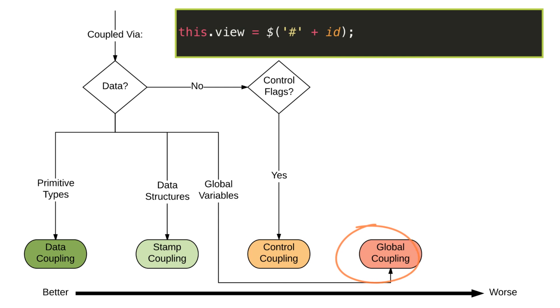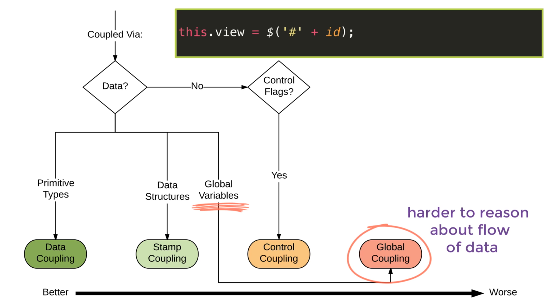Now there is one more kind of data-oriented coupling that we skipped by earlier, and that's global coupling. Global variables are the root cause of this kind of coupling. Global variables make it much harder to reason about the flow of data throughout a program, and make it easier to have subtle ordering bugs show up as the system evolves, because the global state might be changed in ways that were not expected.